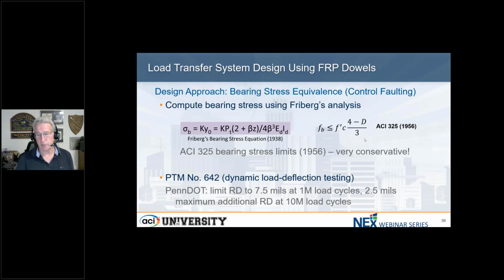It had a factor of safety of about 3 in it. The other thing we can do is determine equivalence dynamically using the Pennsylvania test method 642. And again, PennDOT's specification limits relative deflection to 7.5 mils at 1 million load cycles, and then no more than 2.5 mils of additional looseness over the next 10 million cycles.